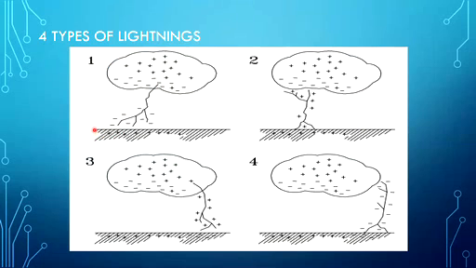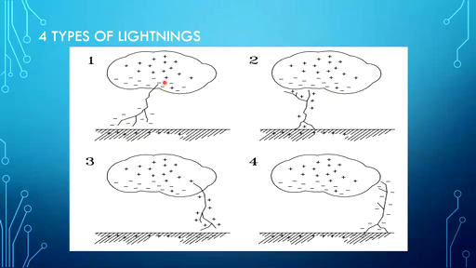We're going to see that the ground is also going to have positive and in some cases negative charges. So the lightning is going to happen when all these negative charges create the discharge and attraction to the positive charges of the ground.